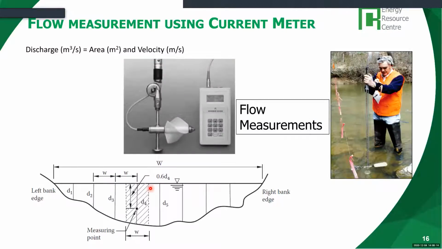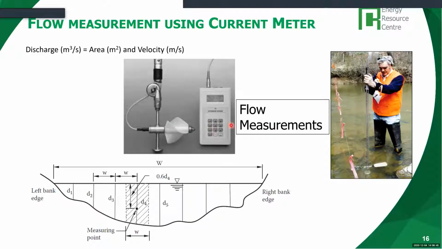But I will just talk a little bit about flow measurement using current meters. This is just a small example of a current meter. A current meter has a rotor sort of thing that, when water flows here, just rotates, okay? So based on the number of rotations in 1 minute, 2 minutes, you can estimate the velocity.